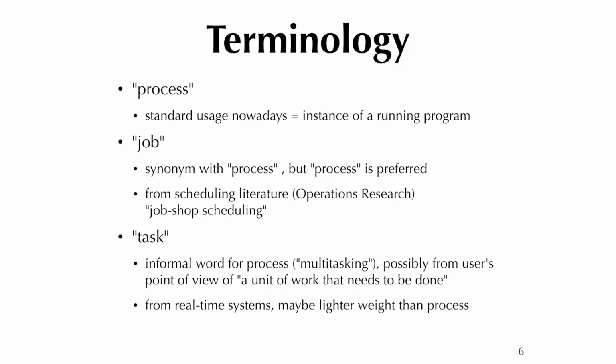And because Unix went way back to 1972, during those days, most of the scheduling work was done in operations research. Anybody know what operations research is? You find operations research in, say, business school. So what would they do? They would do factory scheduling, right? Job scheduling. So assembly line.